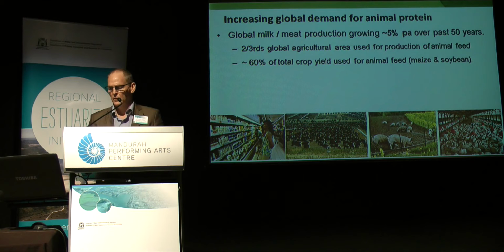Perhaps it's not surprising that around 2/3 of agricultural area on the planet is used to feed livestock when we think about the broad acre, low input rangelands that are available to us. But I find the statistic that 60% of all crops now grown on the planet are actually passing through animals before we get to ingest them is an interesting process in terms of an extra step of inefficiency that we're putting in our systems.